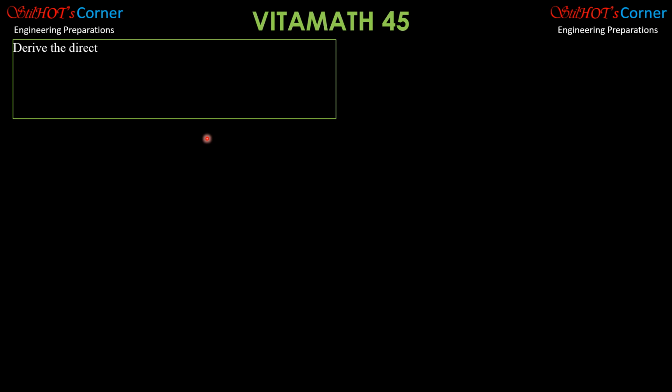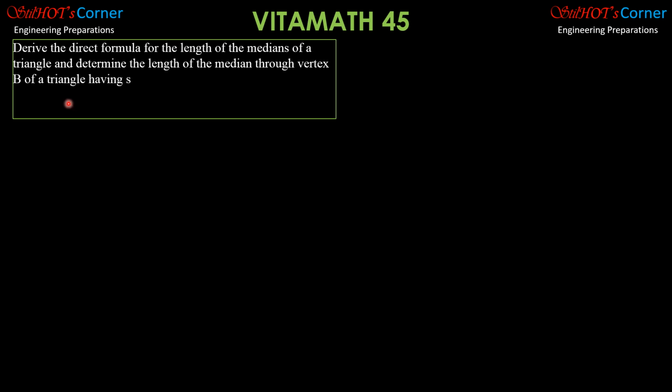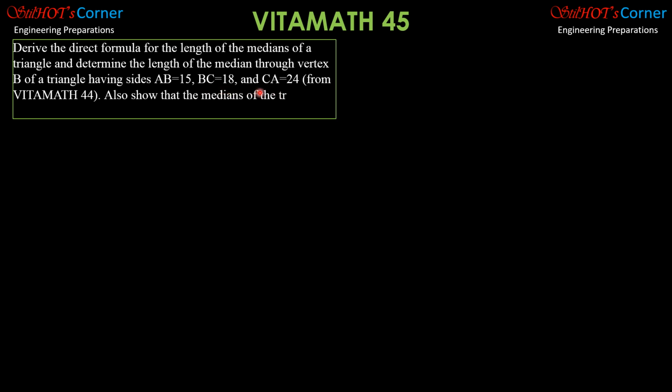Vitamath 45. Derive the direct formula for the length of the medians of a triangle and determine the length of the median through vertex B of a triangle having sides AB 15, BC 18, and CA 24. These data for this triangle are taken from Vitamath 44.